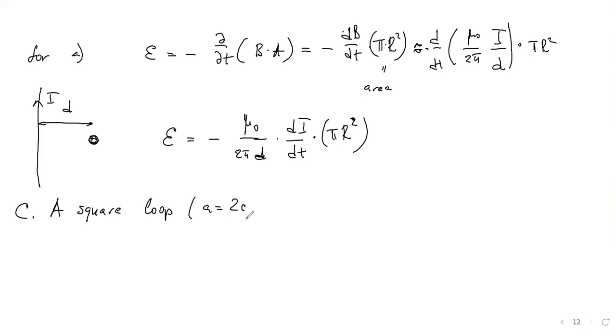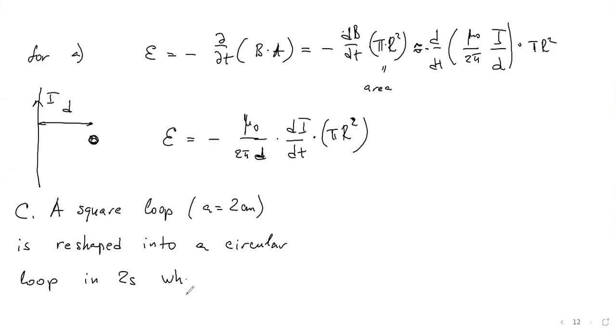Let's say the side is 2 centimeters, and it is reshaped into a circular loop in 2 seconds while inside a magnetic field perpendicular to the loop, in Tesla. So then let's say you have the magnetic field again like this.